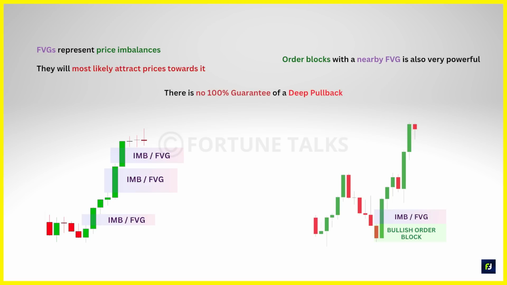Now, this is not 100% guaranteed. There are occasions where price could keep heading higher without retracing back to these discount zones. In such cases, the best course of action is to either wait patiently or else try using displacement ranges to ride short-term pulses.